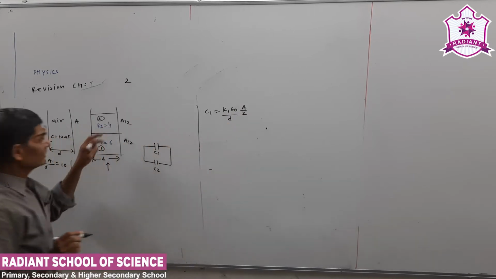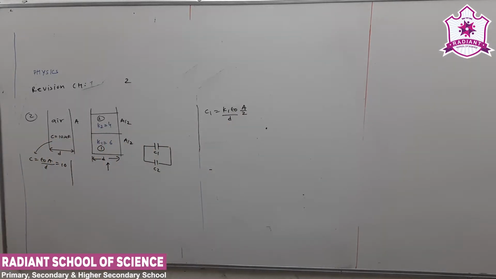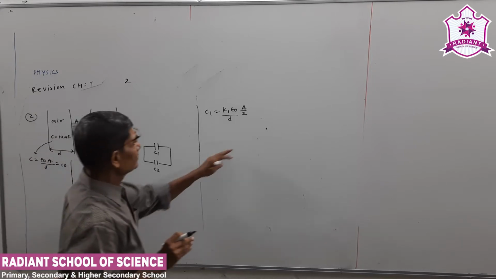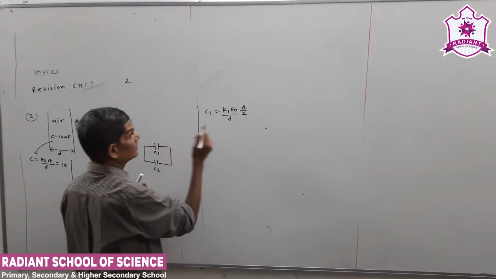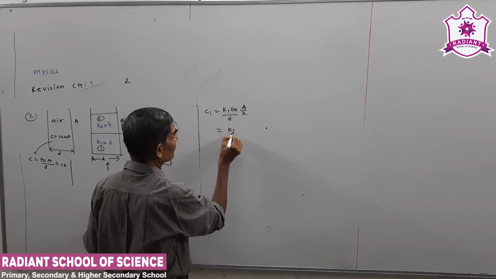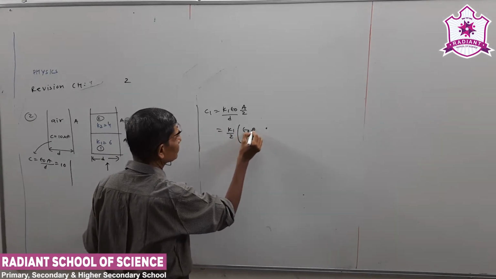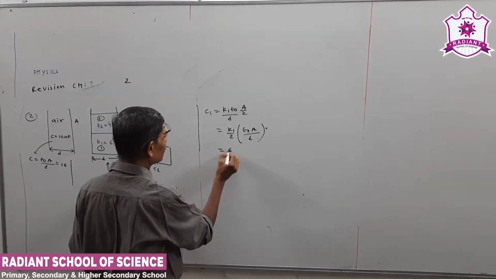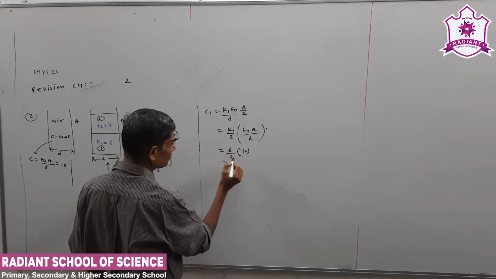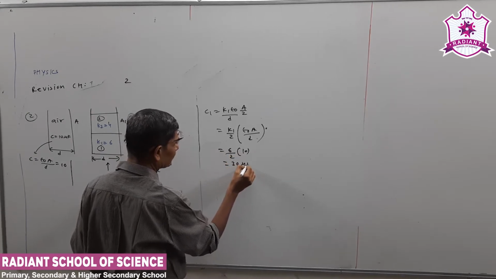Why? Because area has become half. So this will be K1 by 2 epsilon 0 A upon d. Now our epsilon 0 A upon d value is C, that is 10, K1 is 6. So this will make 30 microfarad.